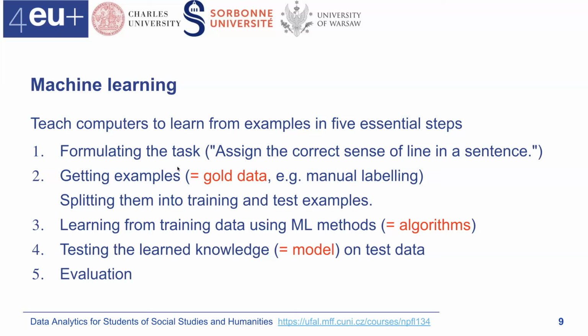We call this process annotation, or manual annotation, or manual labeling. Then we split this collection of examples into a training subset and a test subset.